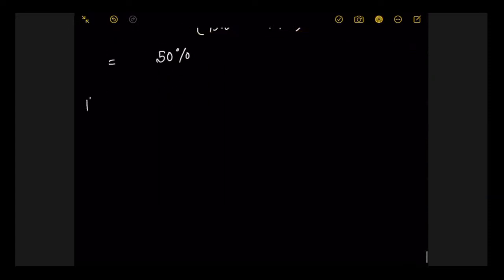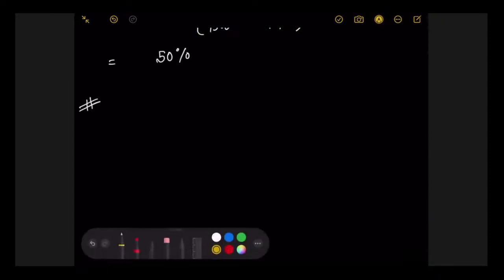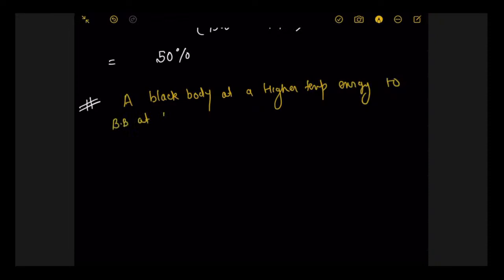Next question. A black body at a higher temperature TH transfers energy to a black body at a lower temperature TL.